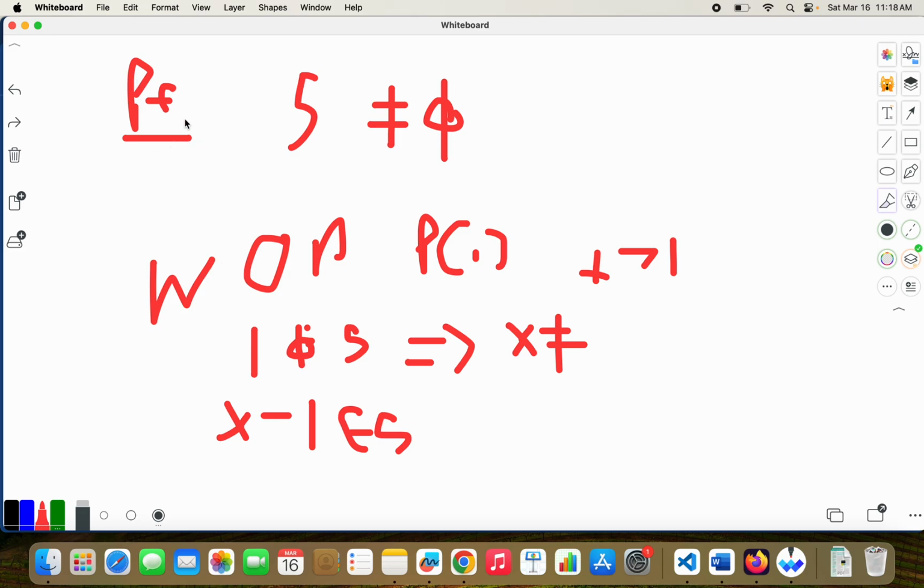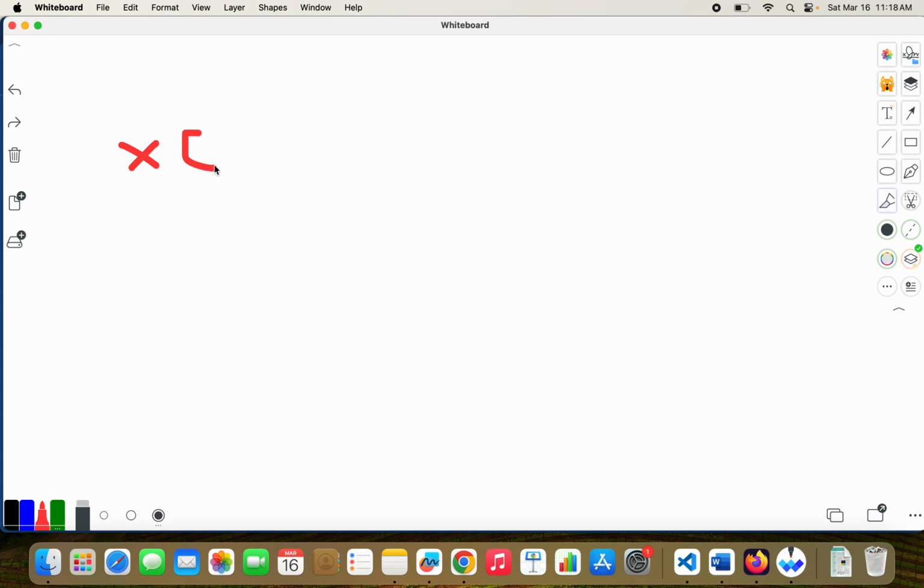By the inductive step, P of X is true. So X is not in S. So how is that possible? From the well-ordering property, S must be empty. We already defined X as the least element, but if the least is not in there, then S just has to be empty. The two statements collide.